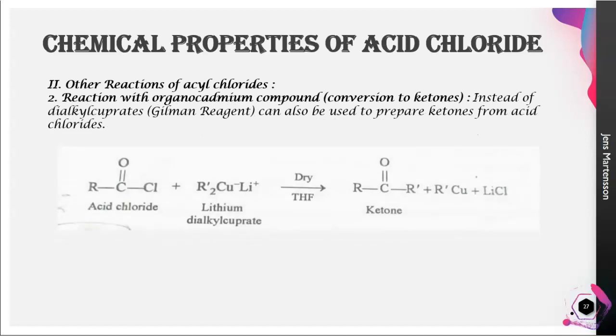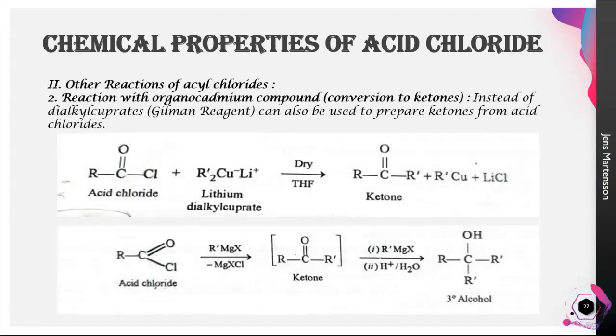Another reaction, the same reaction only, with different examples. Instead of the organocadmium compound you have seen, you can use Gilman reagent, that is dialkyl cuprate, R2CuLi. It can also be used to prepare ketone from acid chloride.